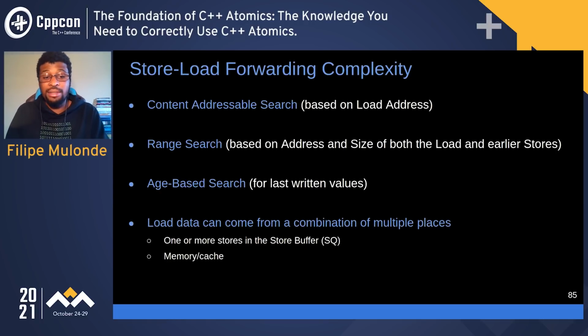And the load data can come from a combination of multiple places. One or more stores can be in the store buffer, and others can be in memory. For example, if a load is going to access 4 bytes, that means the load is going to access 4 locations. We can find 3 locations in the store queue, but one of the locations is not in the store queue, so we need to go to memory.